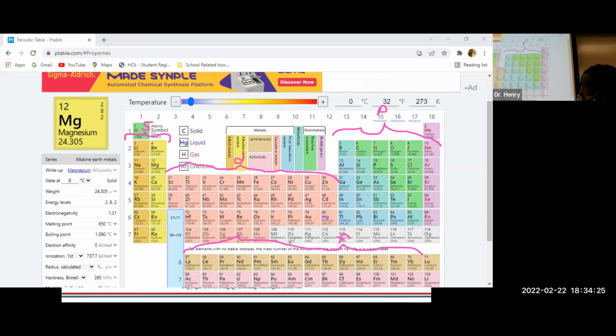Okay, so this is an F down here. How many electrons can the S orbital hold, or the S sublevel? 2. How many can the P? 6, right? Because there's 3 orbitals, and each one could hold 2 electrons. 1, 2, 3, 4, 5, 6.